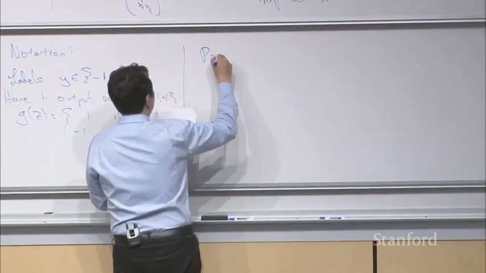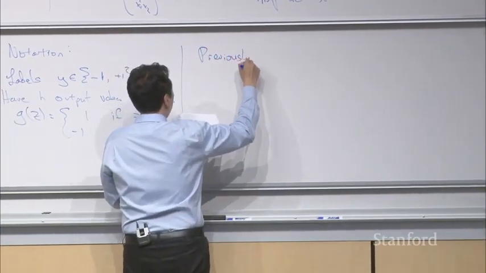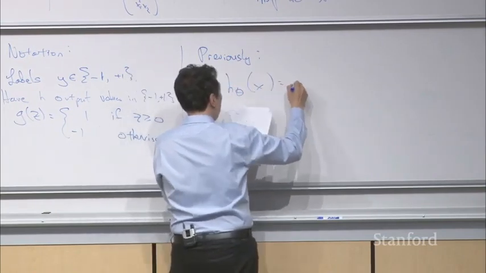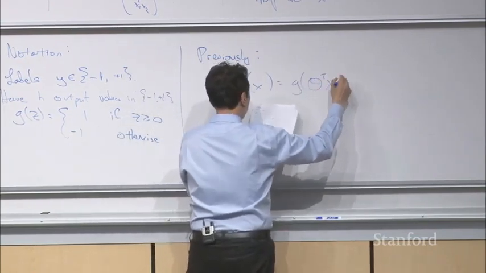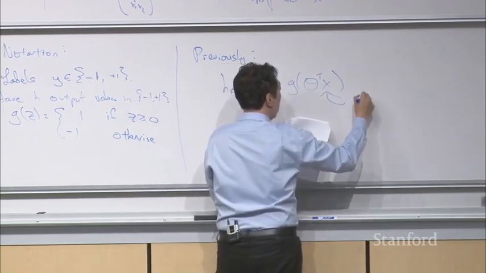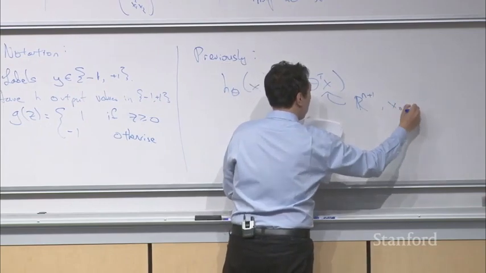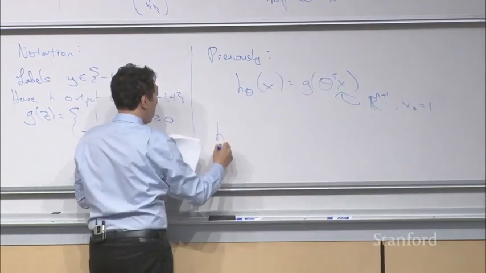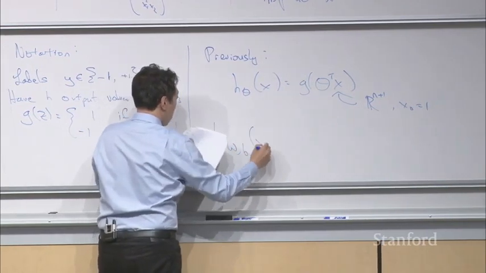And finally, where previously we had, for logistic regression, this was R^(n+1) with x0 equals 1, for the SVM, I'll just write this out.